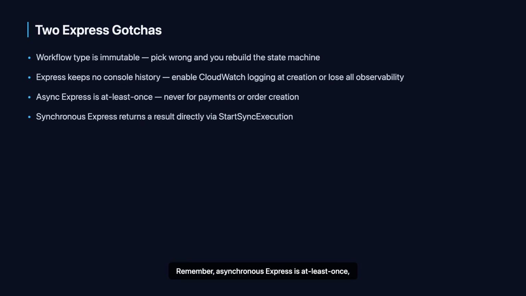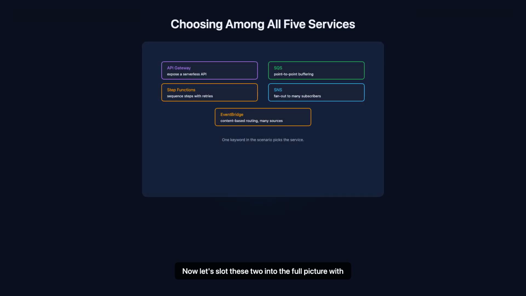Remember, asynchronous Express is at least once, so never use it for payments or order creation. And one useful variant, Synchronous Express, returns the result directly through the StartSyncExecution call, which we'll use in a moment. Now let's slot these two into the full picture with the 3 services from last episode.